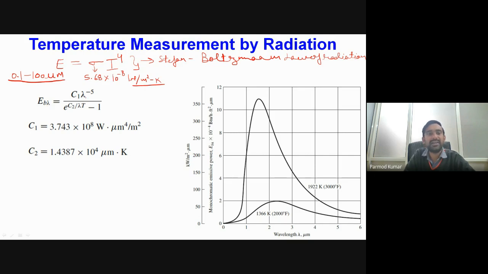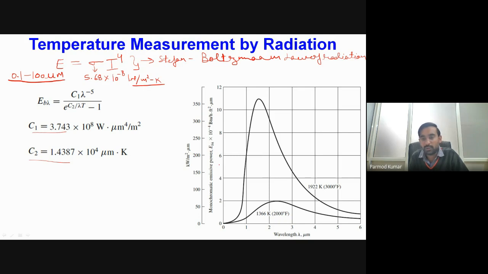It is C1 times lambda to the power minus 5 divided by exponential of C2 by lambda T minus 1, where C1 and C2 are two constants, and their values are given here in SI units.